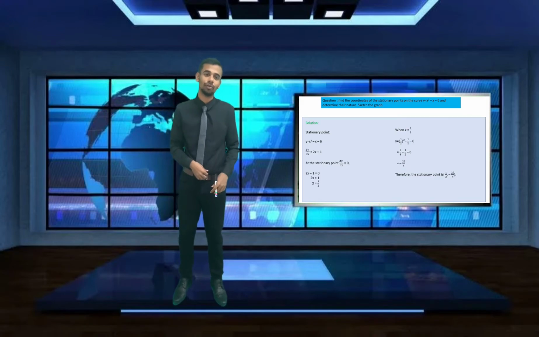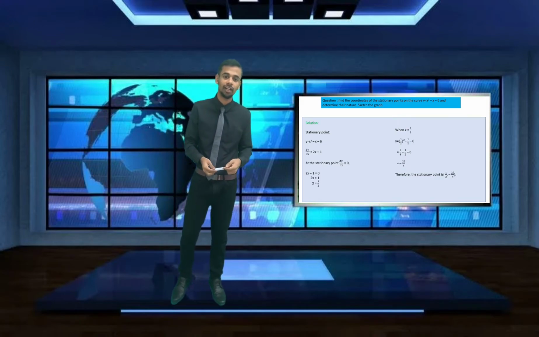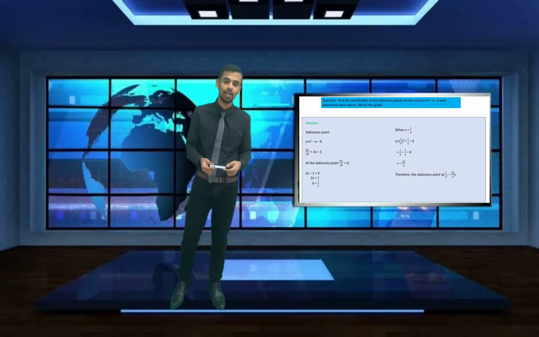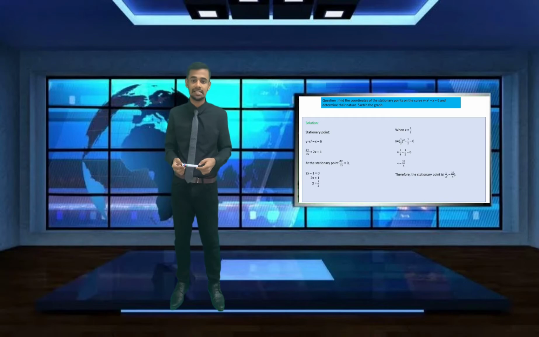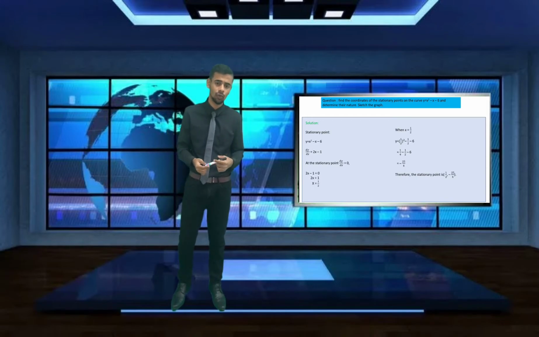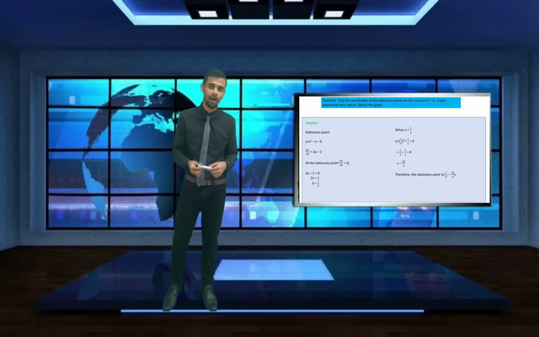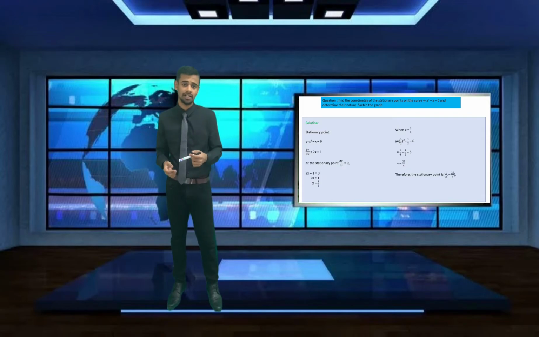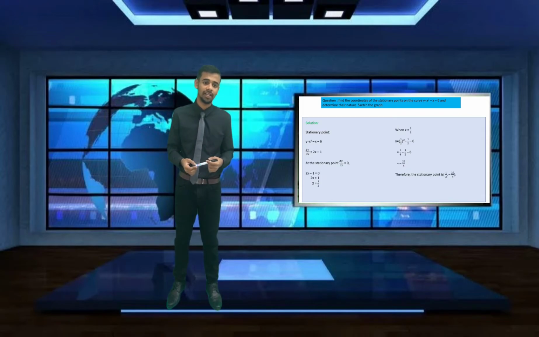Now we will see the question. Find the coordinates of the stationary point on the curve y equals x squared minus x minus 6, and determine their nature. Third will be the graph. Solution: stationary point, y equals x squared minus x minus 6. First, dy over dx, which is the derivative, equals 2x minus 1.